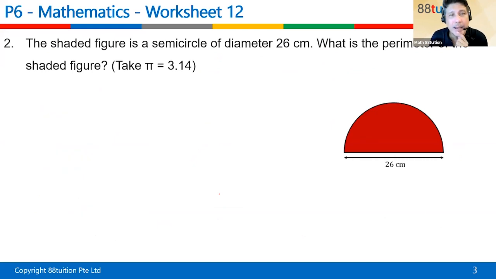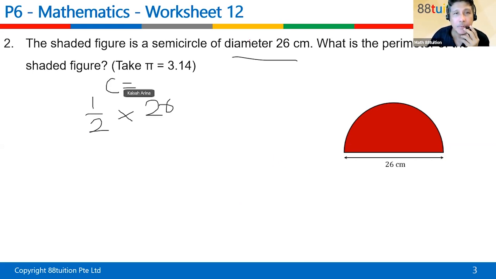This time we are asking for perimeter again, but it is no longer in meters, it is in centimeters. So make sure you use the correct unit of measurement. Moreover, the pi is no longer 22 over 7. The pi is 3.14.